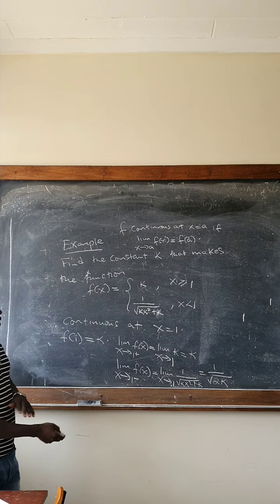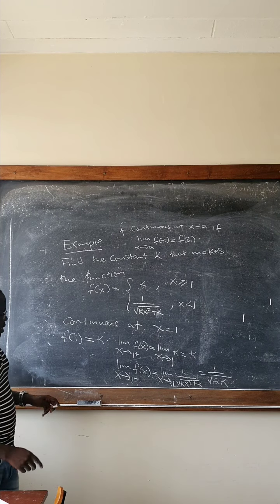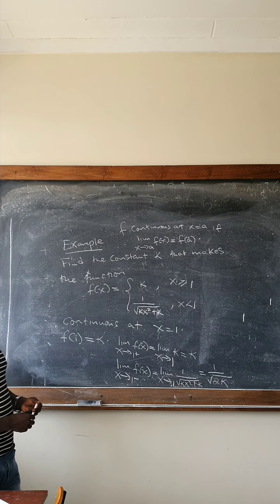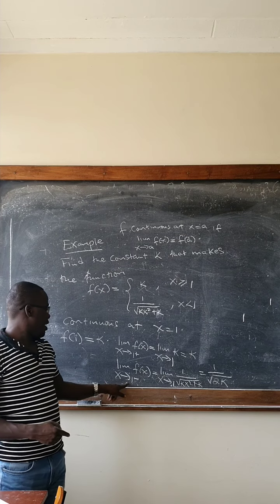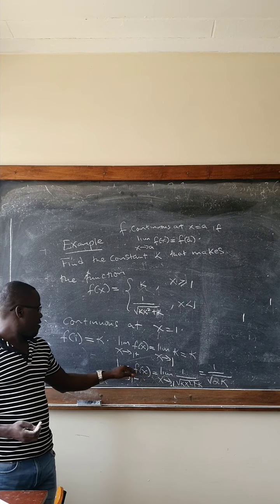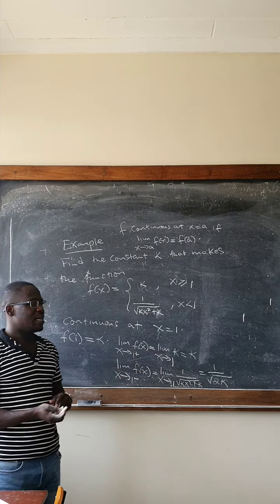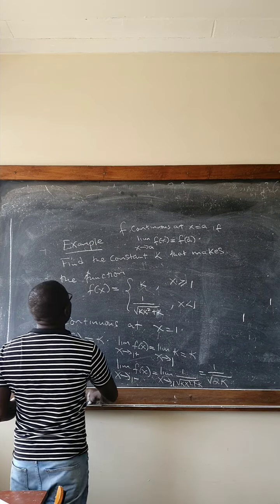Of course, k cannot be 0, because if k is 0, then you have 1 over 0, so that limit does not exist. So you can see that this is the limit on the left, and this is the limit on the right. And remember that for the limit to exist, the left-hand limit and the right-hand limit have to be equal.